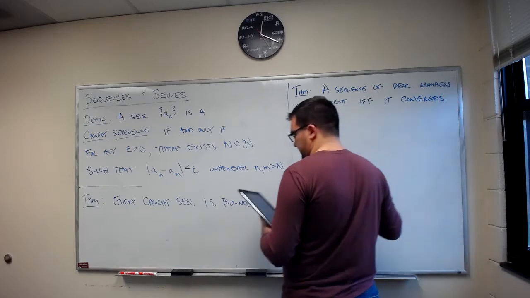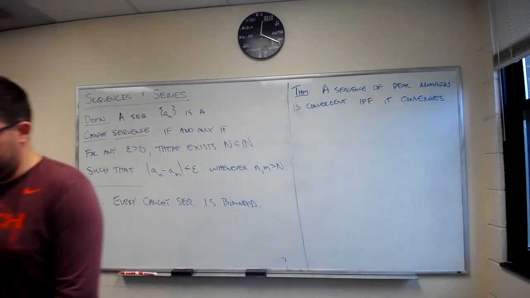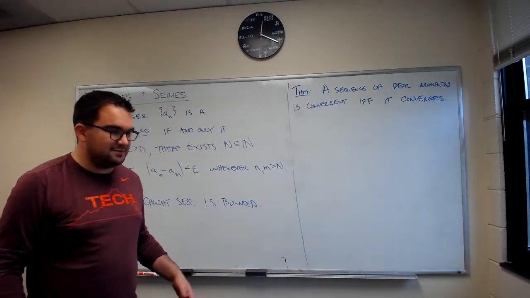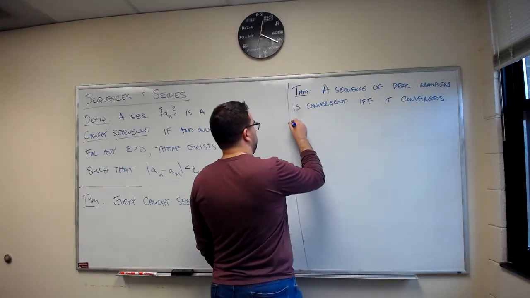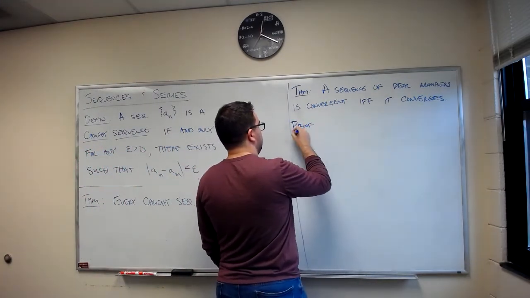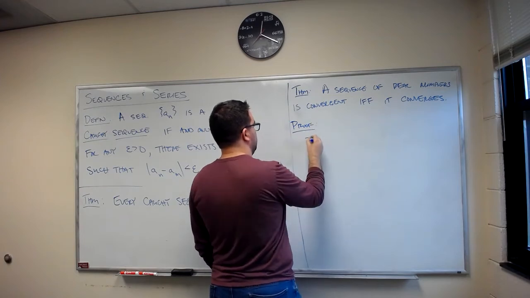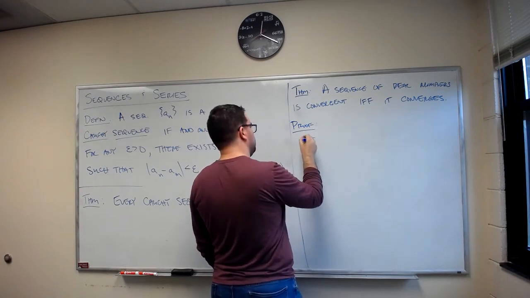And maybe the channel that I'm looking at the book, they write in the reverse order, but it's if and only if, so it doesn't matter. All right, so let me just do the reverse direction first.